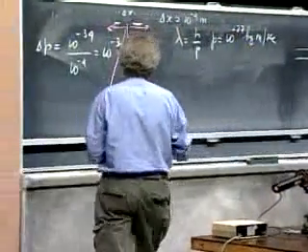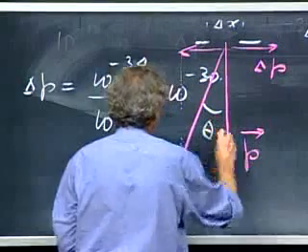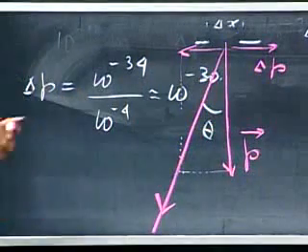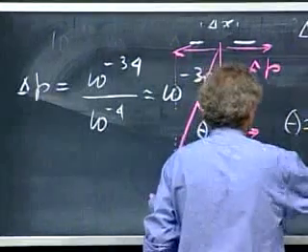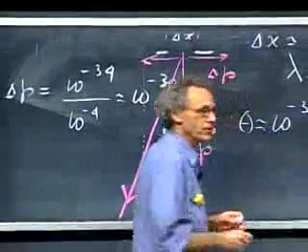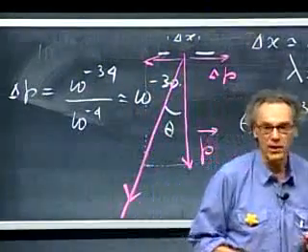So this angle theta can now be calculated very roughly. Theta is obviously delta P divided by P. So theta is very roughly 10 to the minus 3 radians, which is a 15th of a degree.